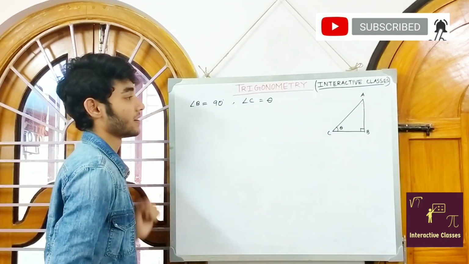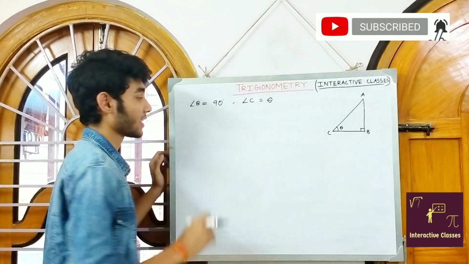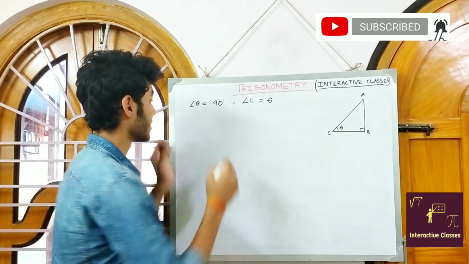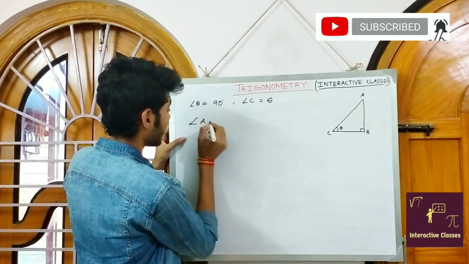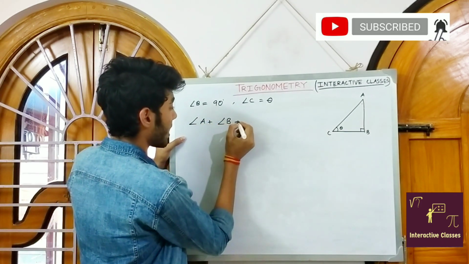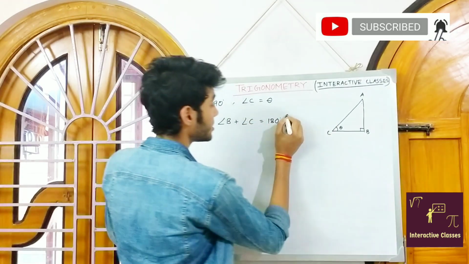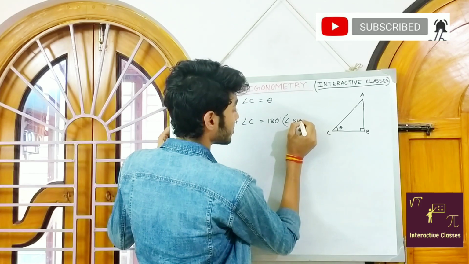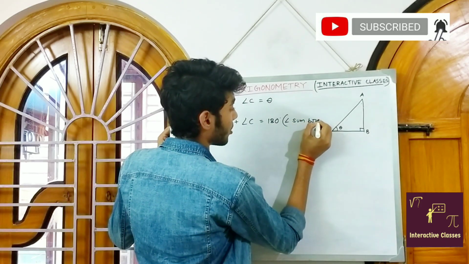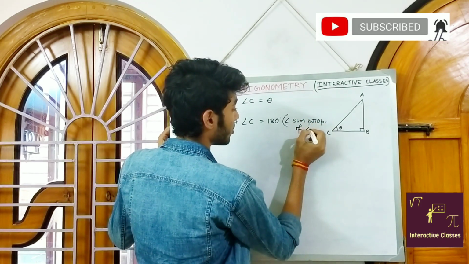We know by the angle sum property of a triangle that we have learned in junior classes, that angle A plus angle B plus angle C equals 180 degrees.